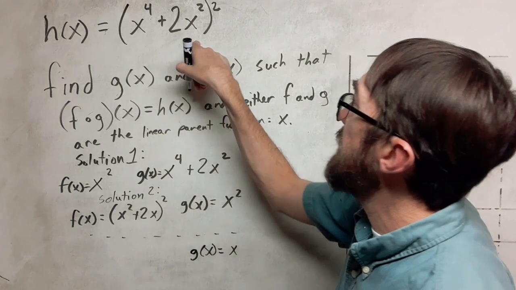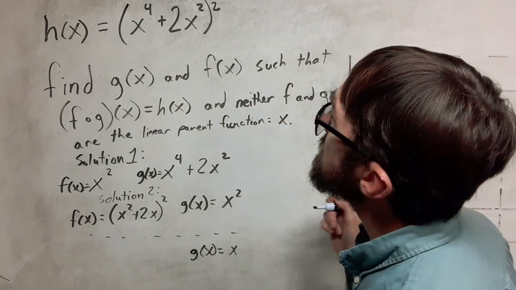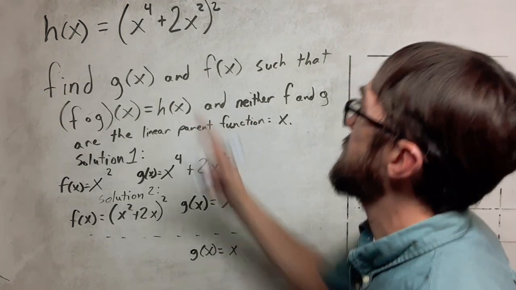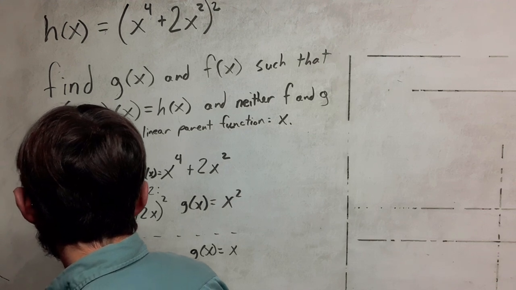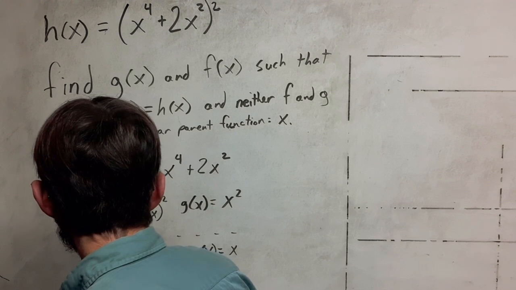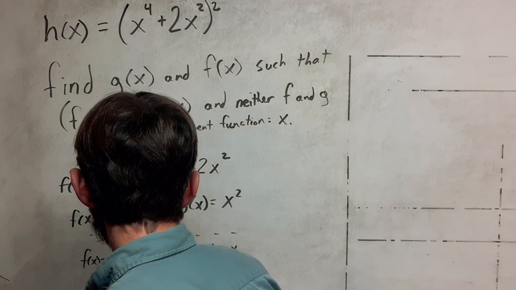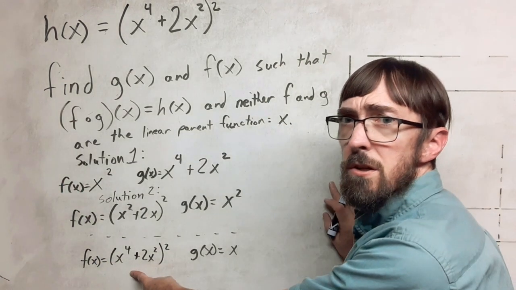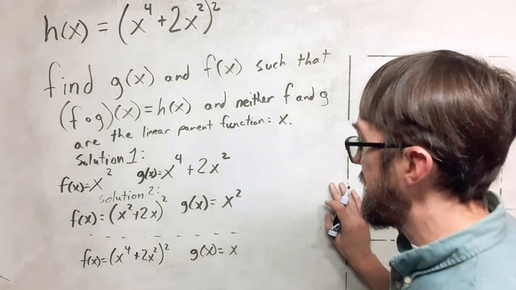So everywhere that I see an x, I'm taking out an x. But then I just have what I have before. So f of x is going to be equal to this thing. So now, everywhere there's an x here, I would put an x, and it looks identical.